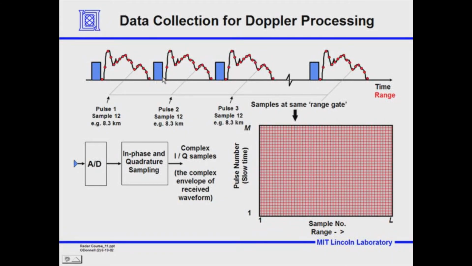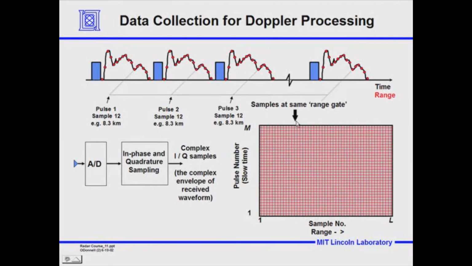Then we transmit another pulse, and we do the same thing at the second row. And when we get down to the 12th sample, we'll be putting in the echo return for the range of 8.3 kilometers. So you can see that we're going to do that M times for these M pulses.